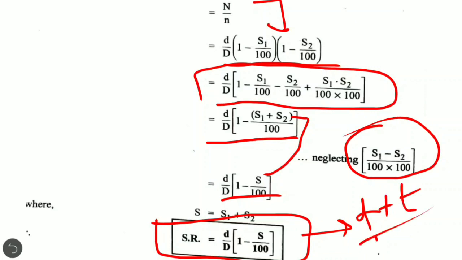Therefore, the speed ratio of the belt drive is d1 by d2 into 1 minus S by 100. So, this is the speed ratio in terms of thickness, because previously we have considered that it would be small d plus t, capital D plus t, in bracket 1 minus S by 100, clear. So, this would be the final derivation for the speed ratio.